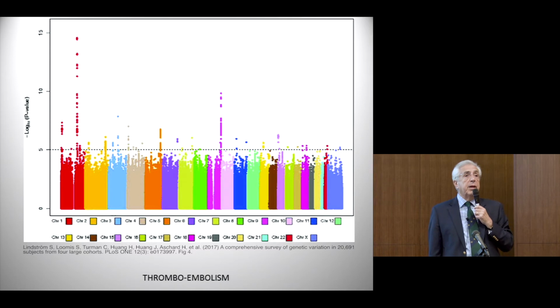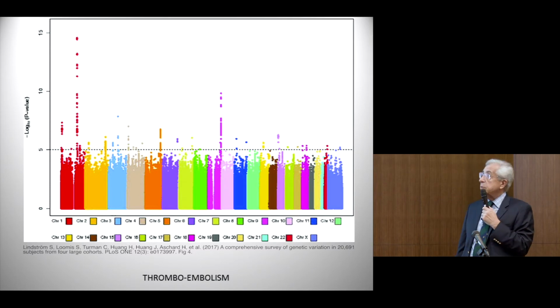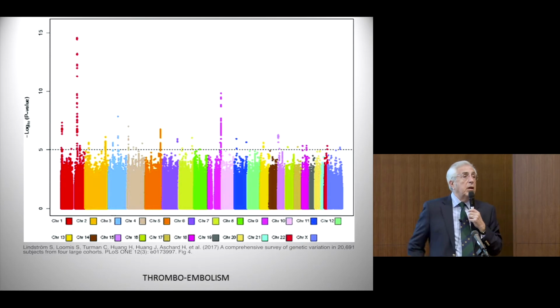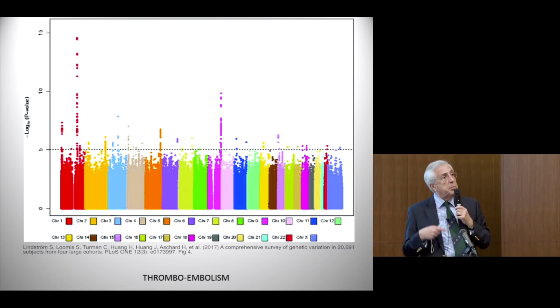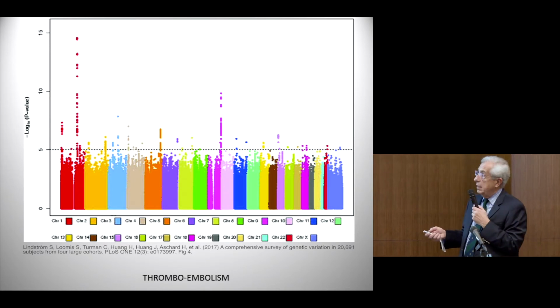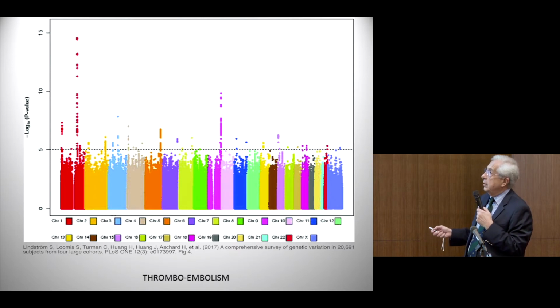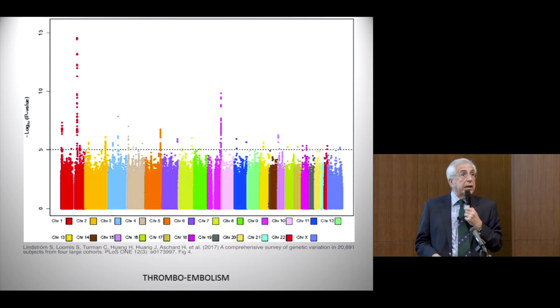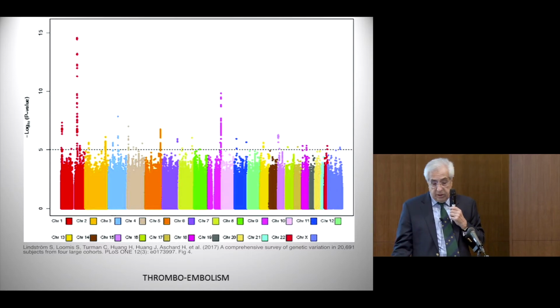Normally regression methods, linear or logistic, are used. And because you do many, many scans, hundreds of thousands, you have to adjust for multiple comparisons. There's a problem called multiple testing. So there are very stringent significance thresholds, and when this threshold is exceeded, then you declare a significant association.